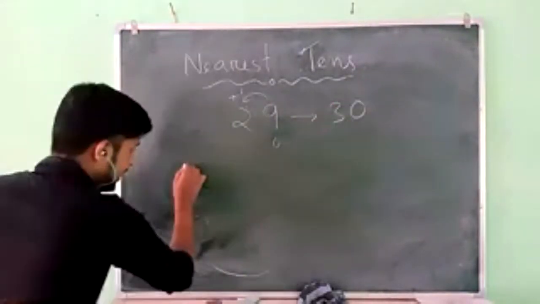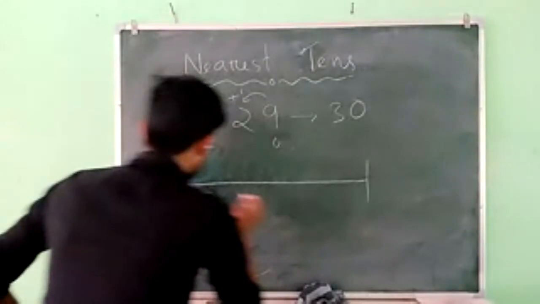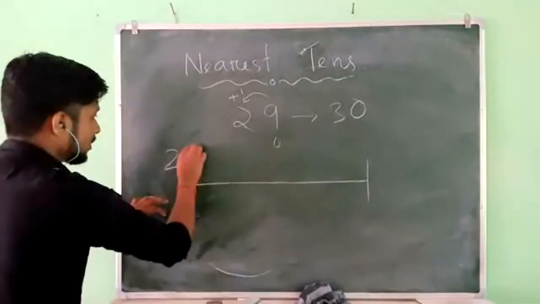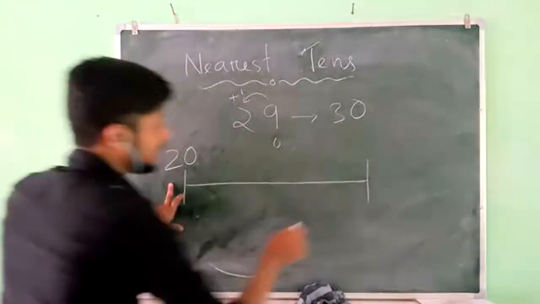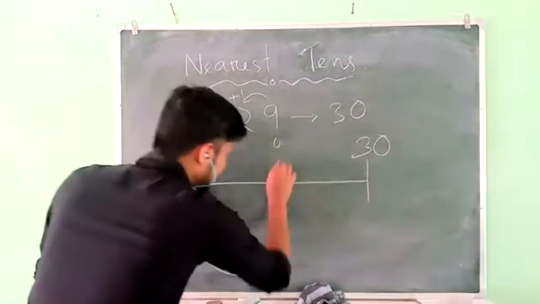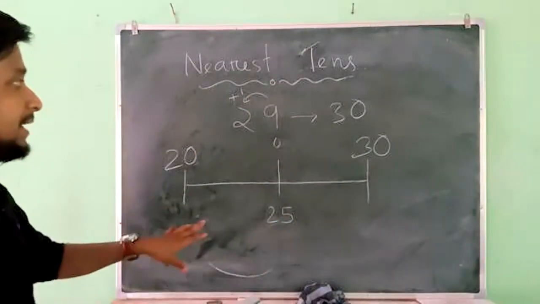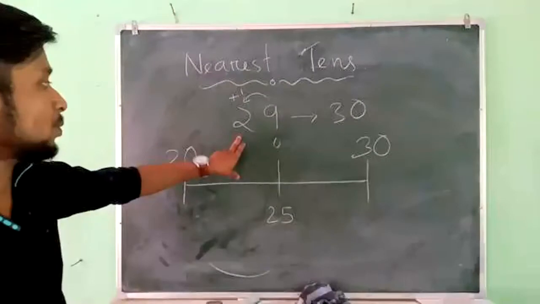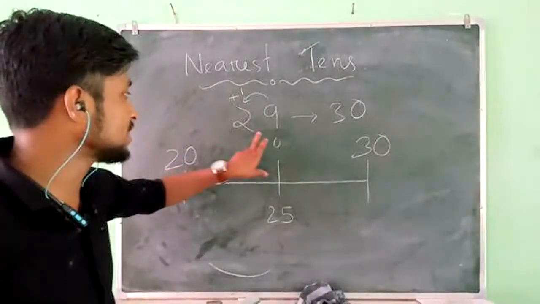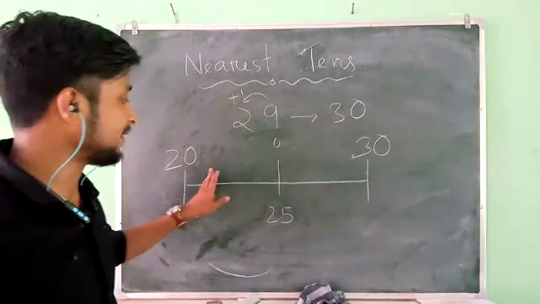Now see in another way also. Suppose on the number line this is 20 and this is 30, and in the middle there will obviously be 25. Now can you tell me, is 29 on the right or on the left?